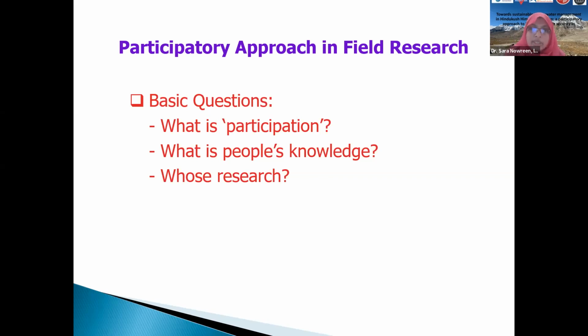We want to get the best analysis out of people's knowledge, because whose research are we doing actually? Can anyone tell me, when we go to the stakeholders, whose research are we doing? Is it me doing the research for the sake of stakeholders, or is it the stakeholders' research we want to reflect in the analysis?